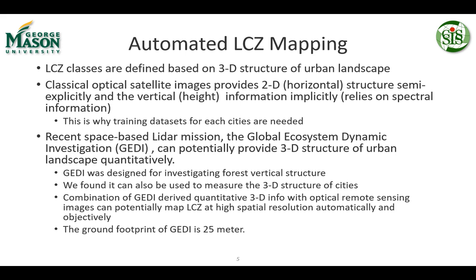The data set is not continuous coverage. Along track the points are 60 meters apart, but cross track they are 600 meters apart. So you get a mesh of global coverage of 25 meter profiles. We take advantage of this to do the automated LCZ mapping.